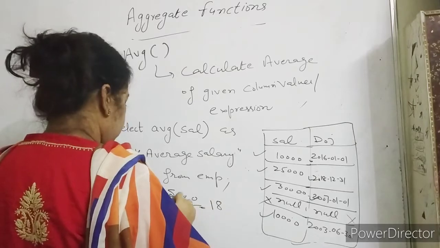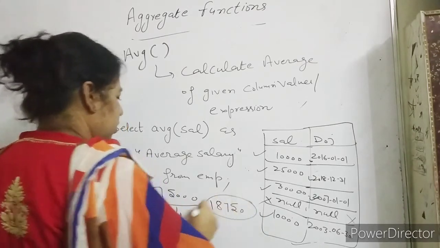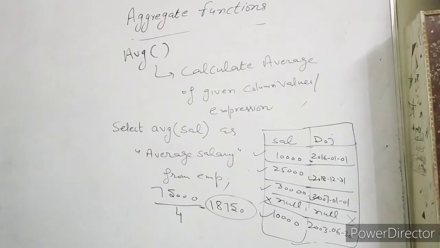Clear? Calculate yourself. Check whether the answer is correct or not. First calculate the sum and then divide by the number of non-null values. Don't divide by 5. Divide by 4. This is the working of the AVG function.